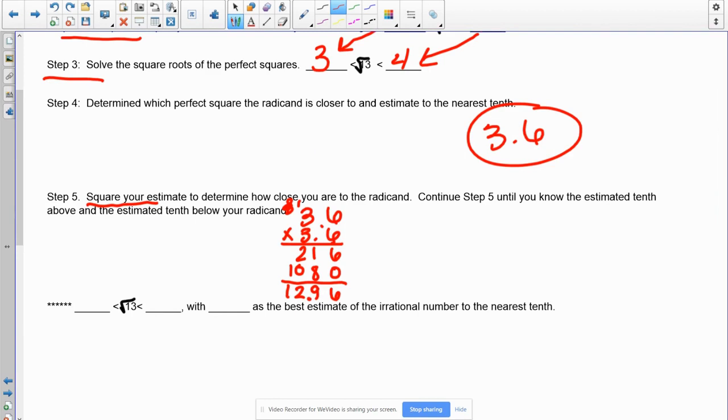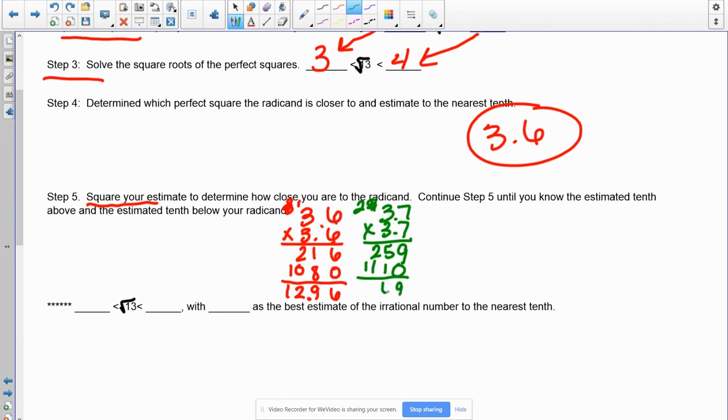I'm going to guess that's probably the closest, but just to be careful and to be okay with this, I'm going to try 3.7. And again, I go up to 3.7 because this is low, and I'm going for 13. So 3.7 times 3.7. 7 times 7 is 49, carry the 4. 7 times 3 plus 4 is 25. 0. 7 times 3 is 21, carry the 2. 3 times 3 is 9, plus 2 is 11.